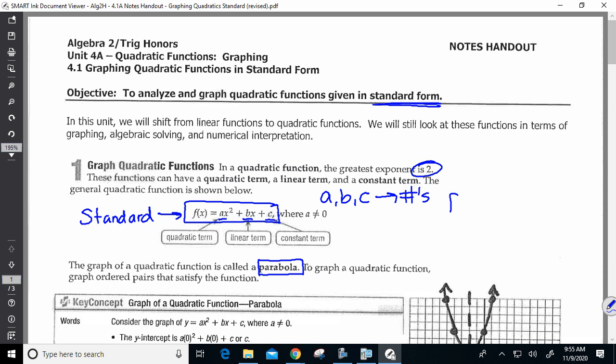So if you had f of x equals 3x squared plus 4x minus 5, that would mean a equals 3, b equals 4, c equals -5. Being able to identify the coefficients will be important for graphing and eventually solving equations.